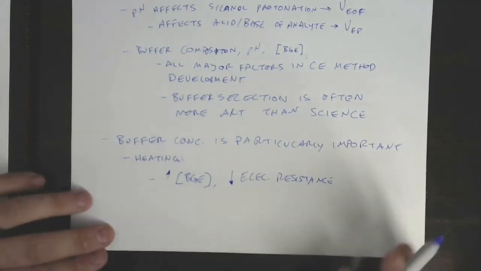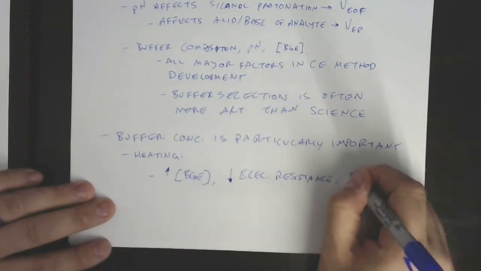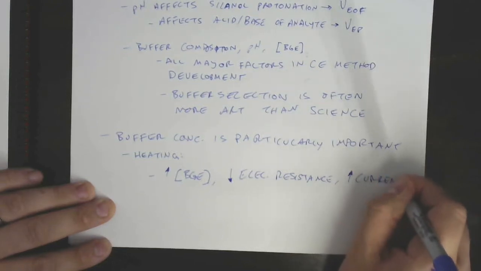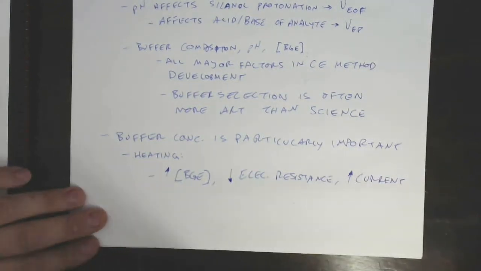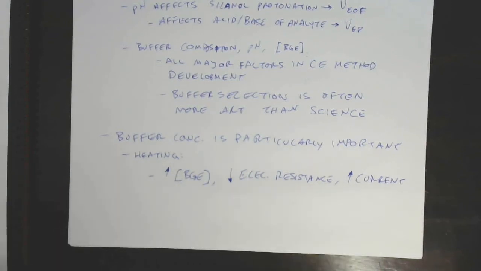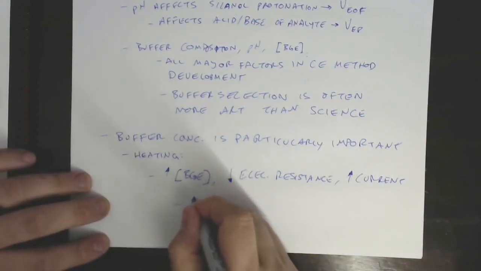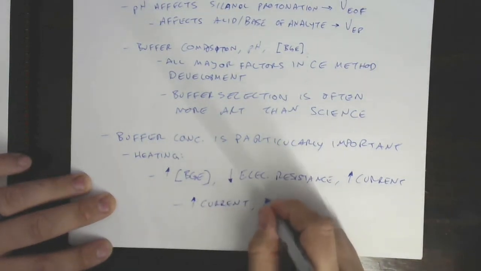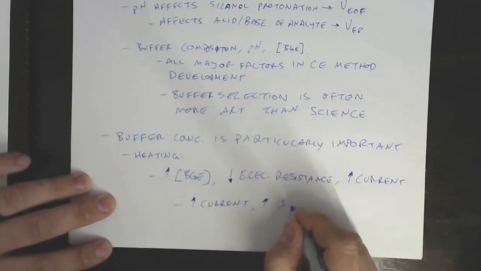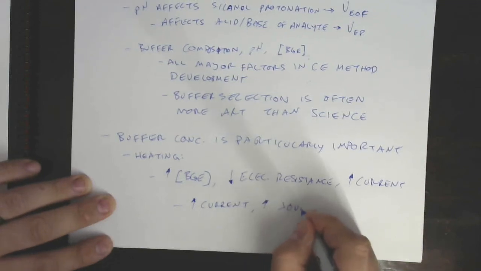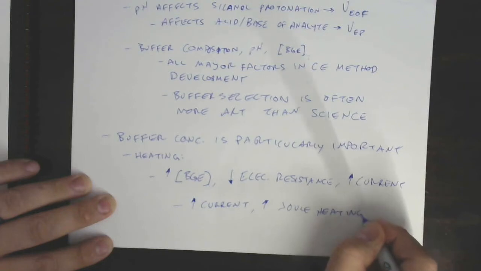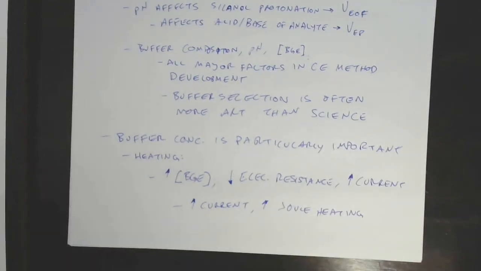When we decrease the electrical resistance, by Ohm's law, we increase the electrical current that's going to flow through that capillary when we apply a high voltage. If we increase the current, we increase that mechanism we talked about last time of Joule heating. That is just heat produced by the electrical current that runs through the capillary.